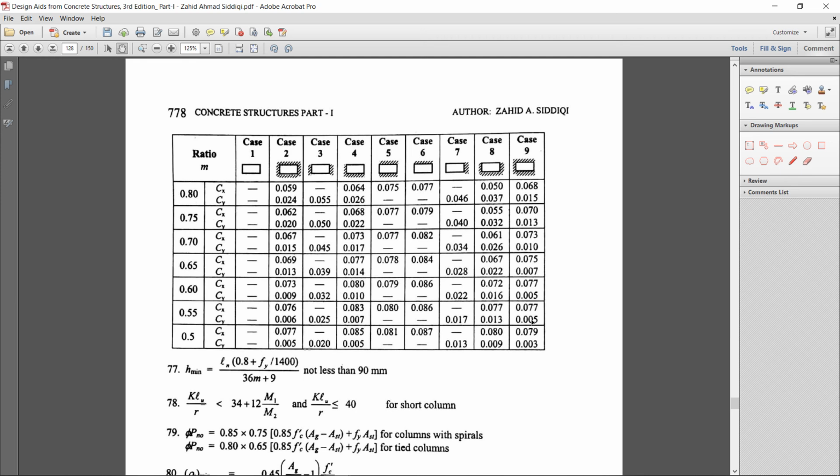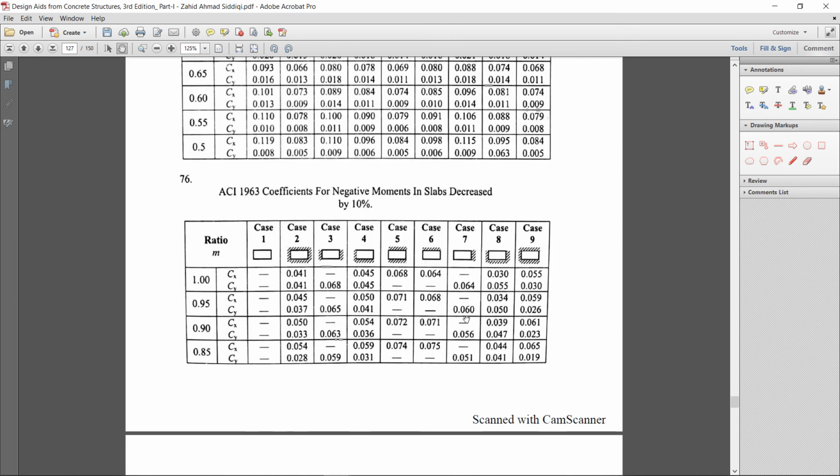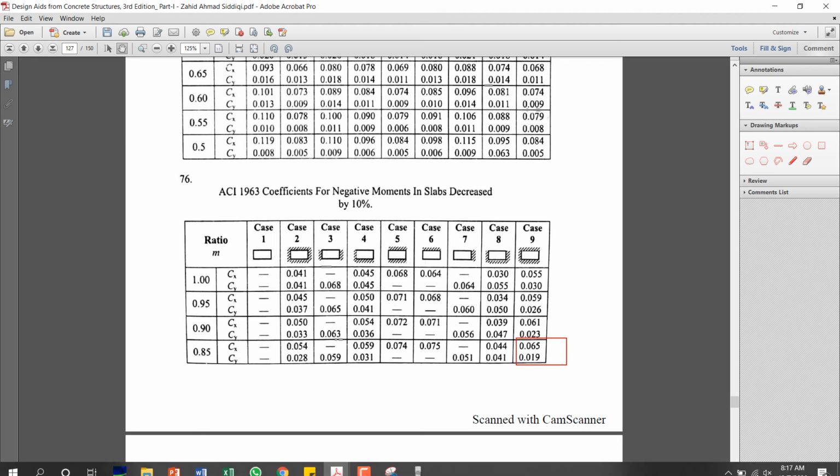Similarly, sorry, the table has gone to the other side, but the values here will be for 9, here of the negative moment coefficients.